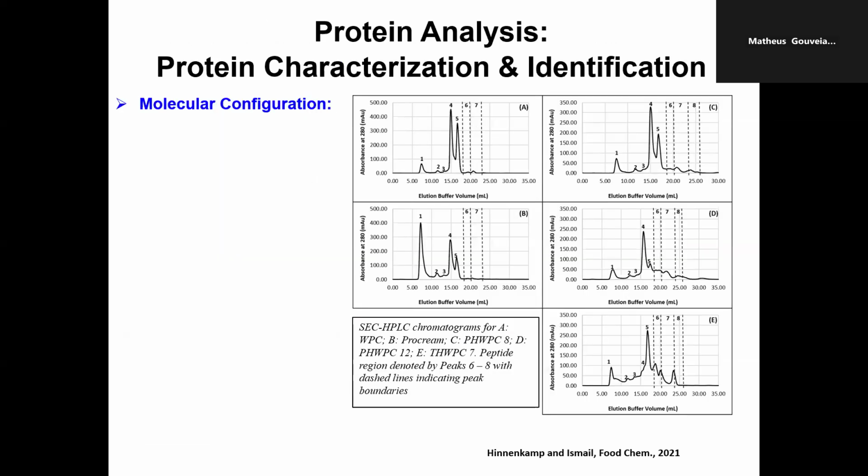And this is an example where we used size exclusion for hydrolysis. Here we had whey protein and subjected it to enzymatic hydrolysis using trypsin, which is an endoprotease, and another enzyme that is mostly an exoprotease. We looked at alpha-lactalbumin and beta-lactoglobulin, and at the formation of hydrolysates under different conditions by different enzymes.